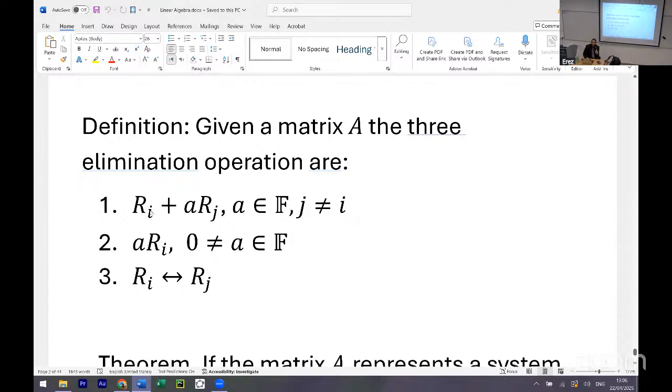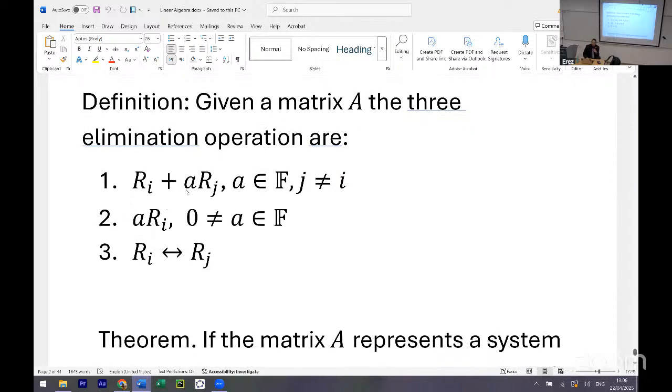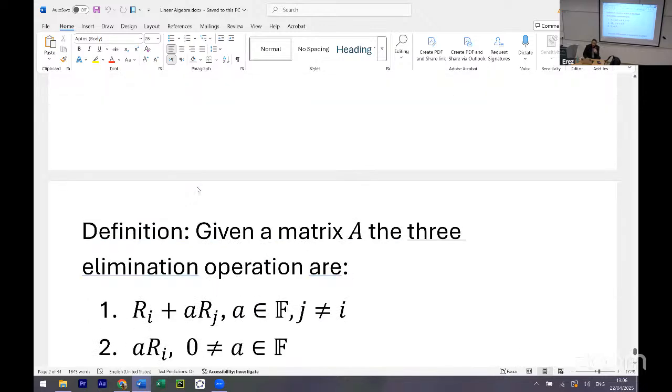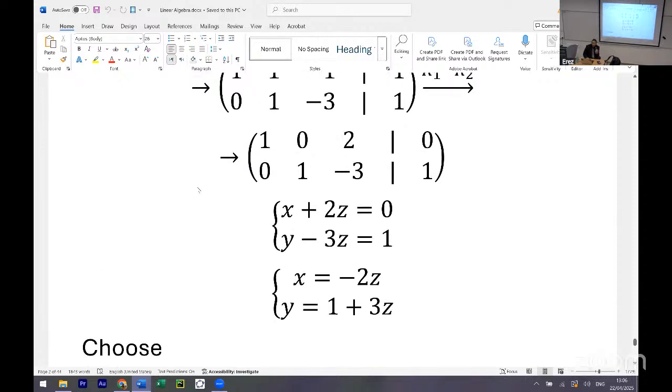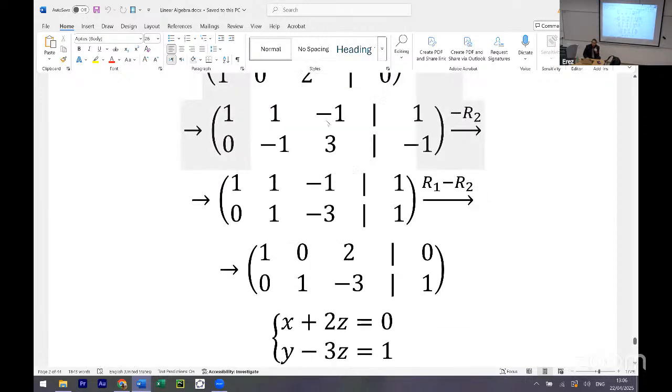We either add a constant times a row to another row, or we multiply a row by a constant different than 0, or we switch places between two rows, and any of these operations does not change the set of solutions to the system.